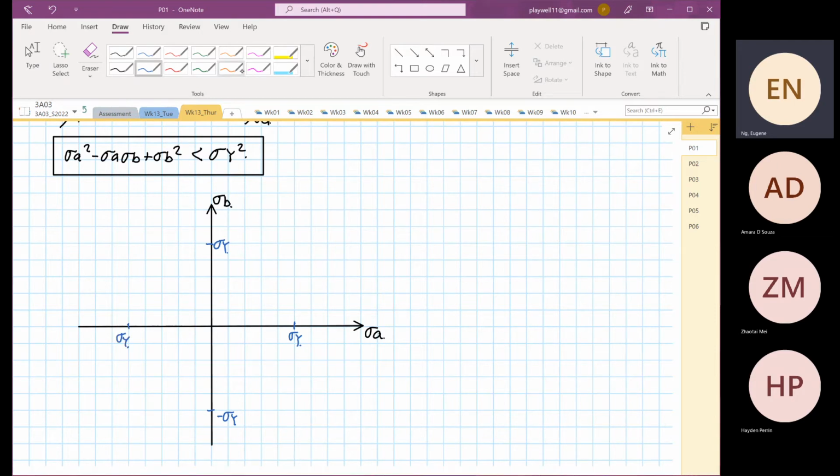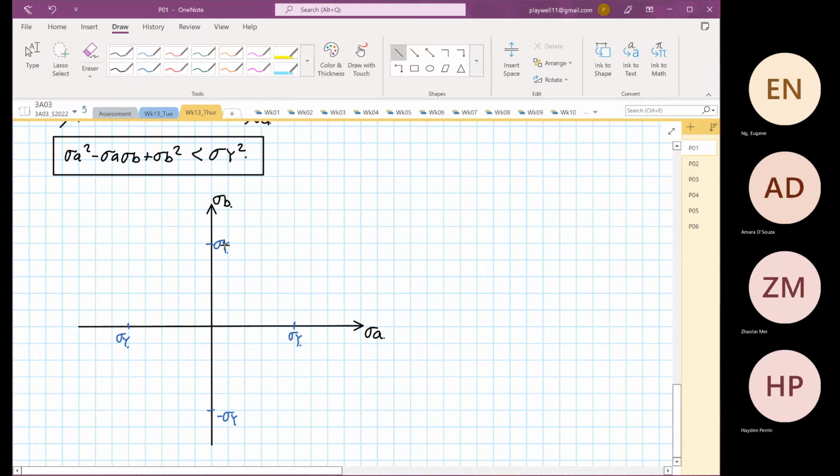So the first thing I'm going to sketch is the Tresca criteria first, which we learned on Tuesday. Okay, so this is the Tresca condition or criteria.